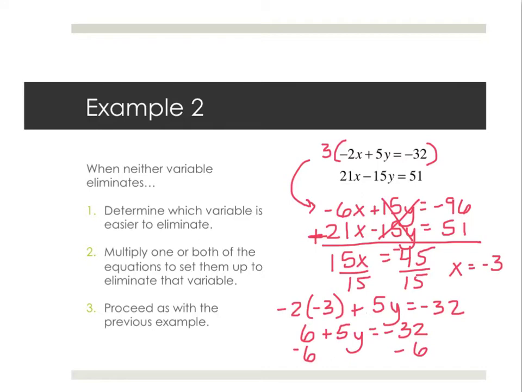All right, so this is not going to come out to a happy whole number here. y equals negative 38 fifths, which I'm going to leave as a fraction, making our solution negative 3 and negative 38 fifths. So another system solved, and I didn't have to graph at all. Let's take a look at another example.